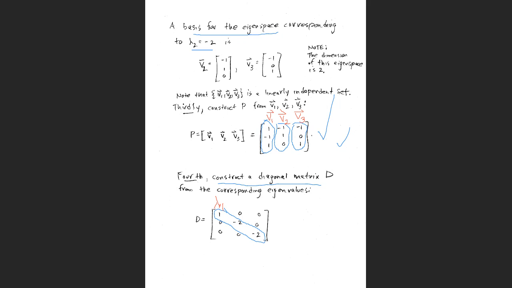And then lambda 2 occurs twice on the diagonal. And the order has to match. We had the eigenvector v1, which corresponds to lambda 1 equals 1. We had that come first. So that means along the diagonal, the 1 has to come first. The order matters.